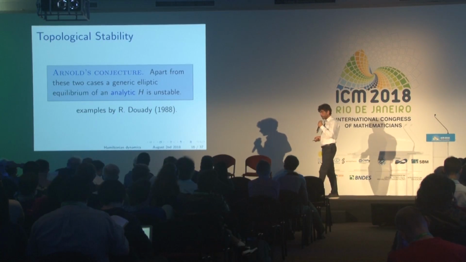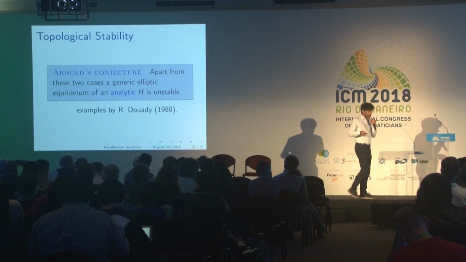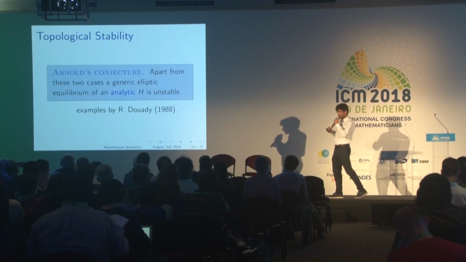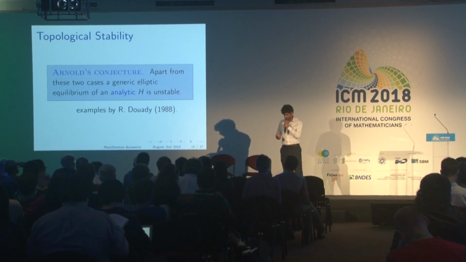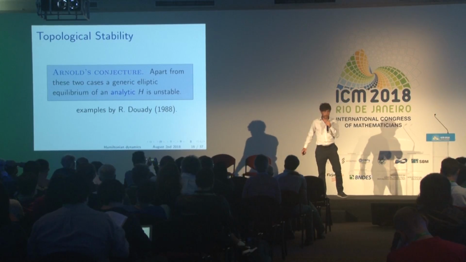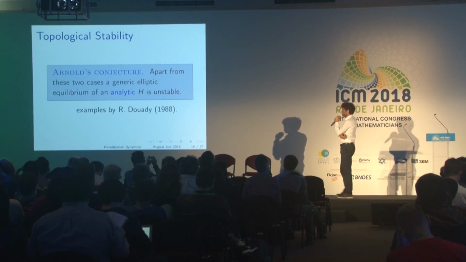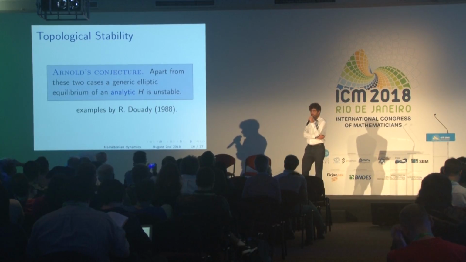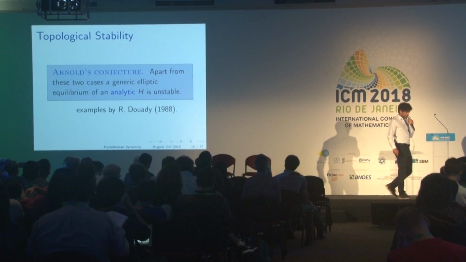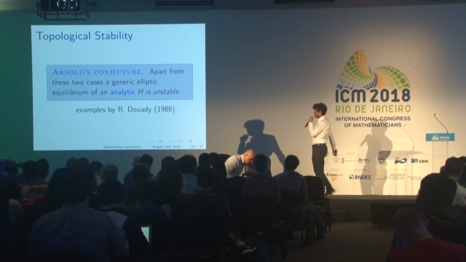Now, of course, to prove instability in analytic is harder than in smooth. You expect more stability for analytic systems. This is the line of thought of this presentation, and it's the reality. Instability was proven for elliptic fixed points in smooth category by Douady, but he didn't show the generic instability.